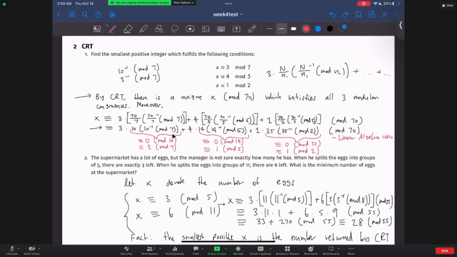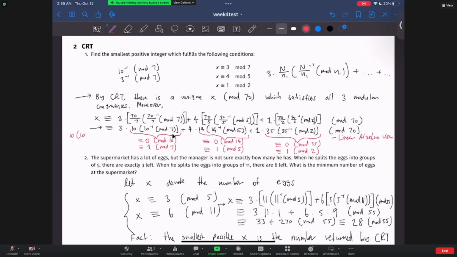The Chinese remainder theorem on 3 modular congruences works by summing up 3 very special terms with special properties. The first term that we see is 3 times 10 times 10 inverse mod 7. And if we focus on the part in the bracket right here, this number is 0 mod 10 and 1 mod 7. And we can prove this by just directly taking the mod of this.